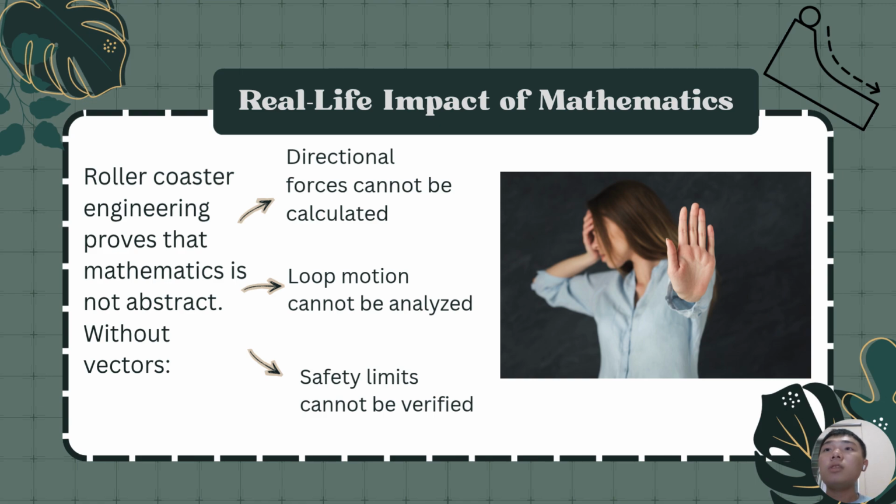Loops involve continuous changes in direction. Vectors help engineers study this motion and ensure the coaster stays safely on track. Third, without vectors, safety limits cannot be verified. Engineers use vectors to calculate acceleration and g-force to make sure passengers are safe during the ride. Overall, this shows that mathematics has a direct impact on real-life engineering.